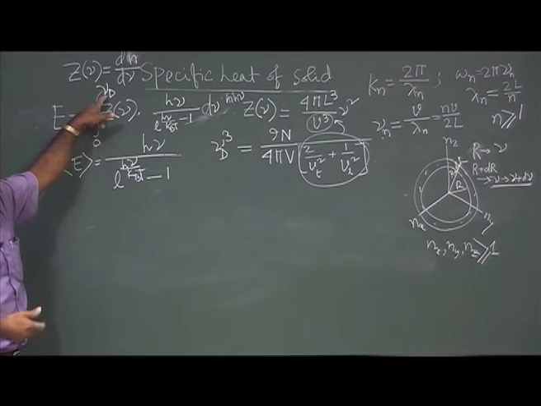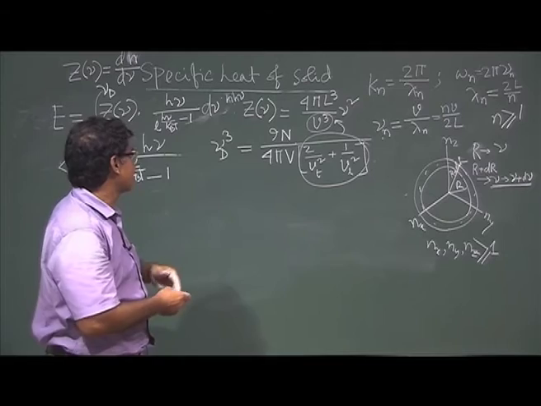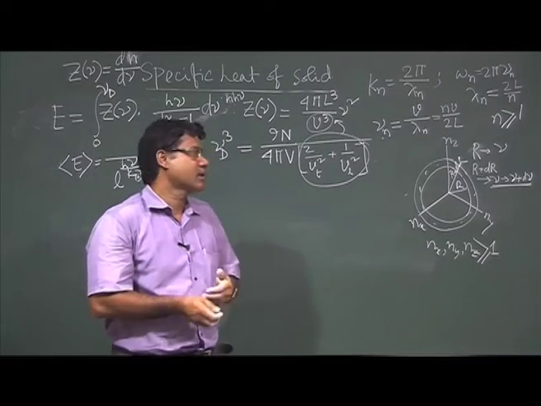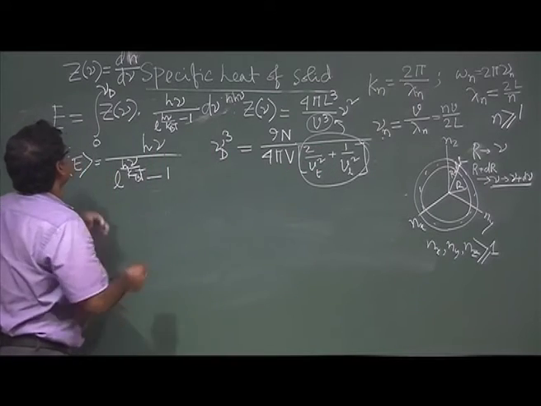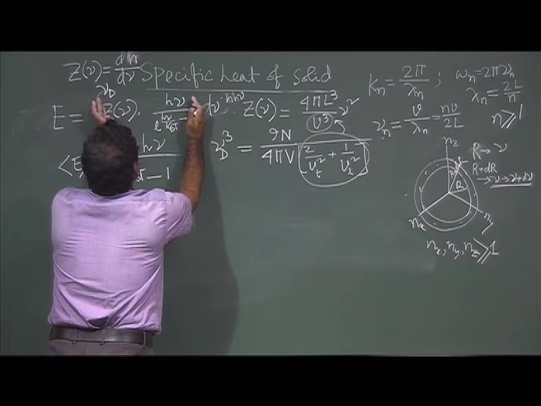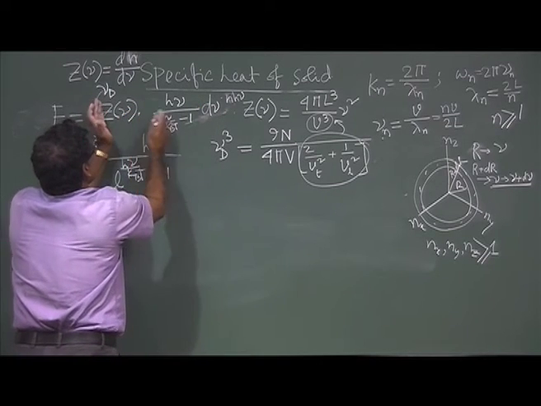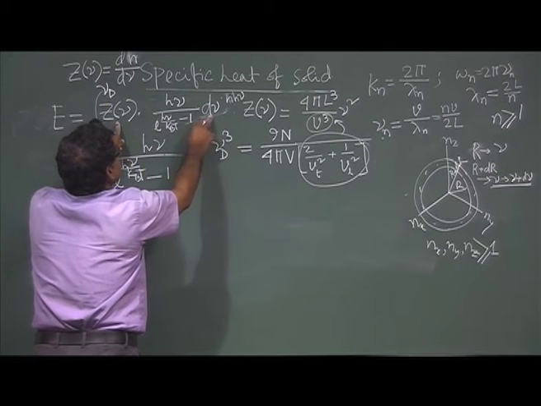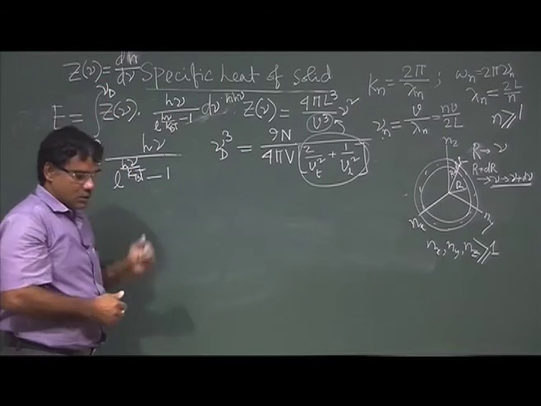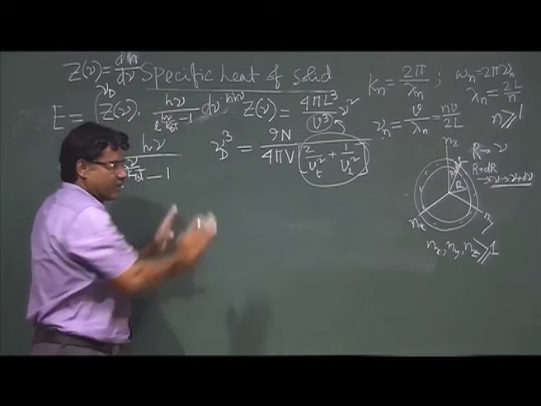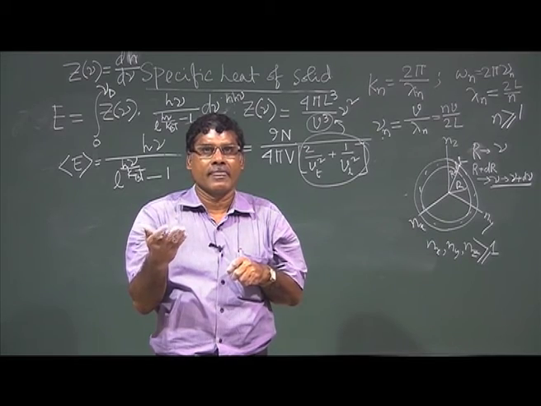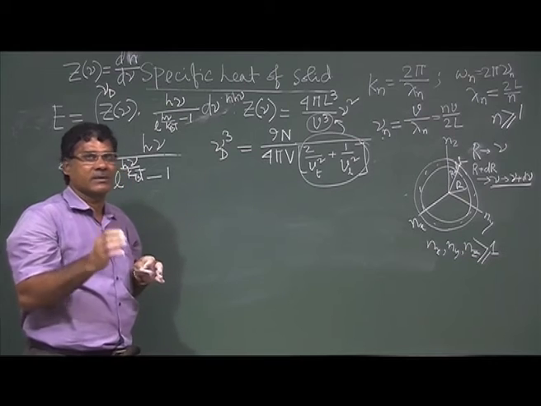Nu_D is such that we have considered the upper limit of the frequency such that the total number of modes should not cross, at least it has to be equal to the 3n. Now for a nu value, this is the energy for a mode having frequency nu, and this is how many modes there are with that frequency.